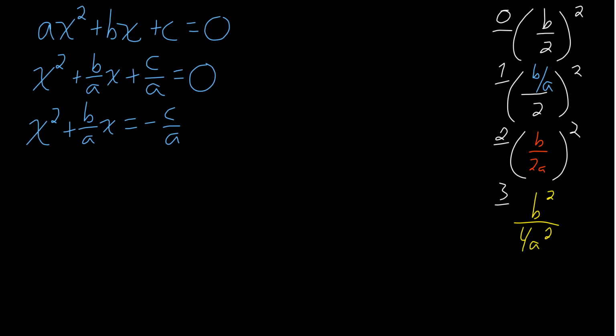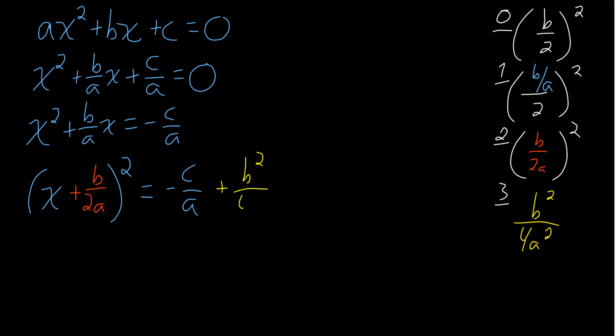So my left side can turn into x, and then it's going to be plus b over 2a quantity squared, and that's equal to negative c over a plus b squared over 4a squared.